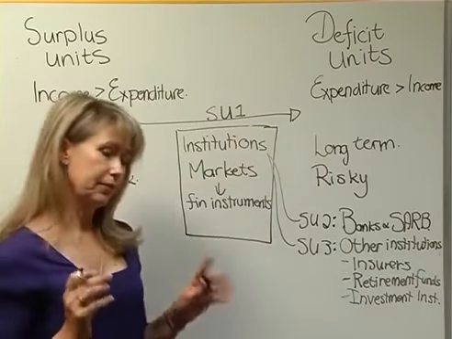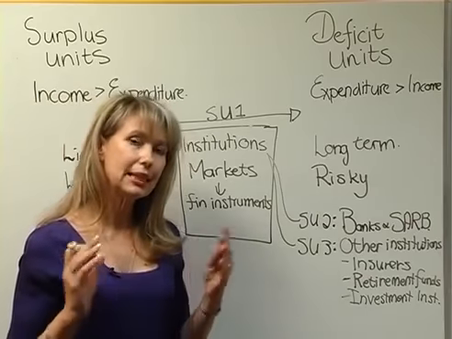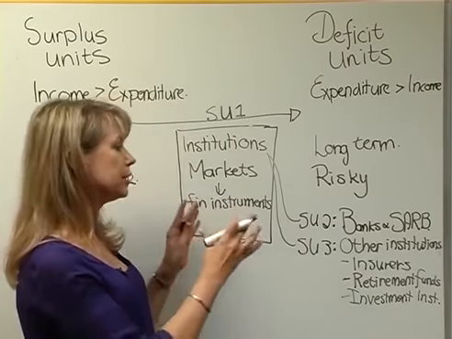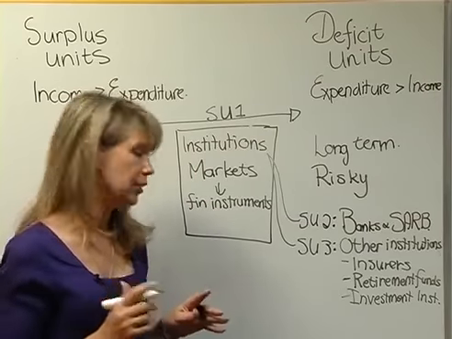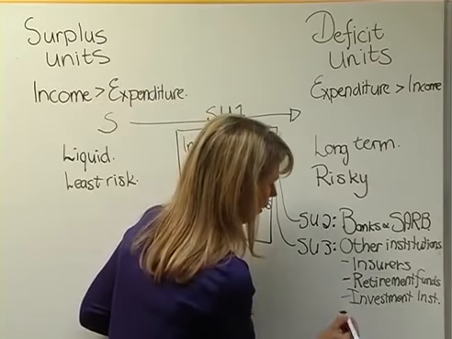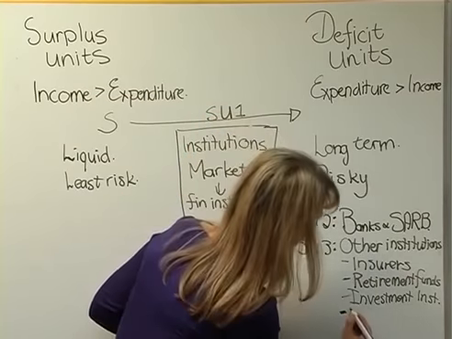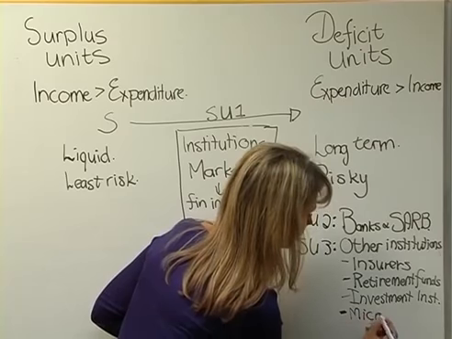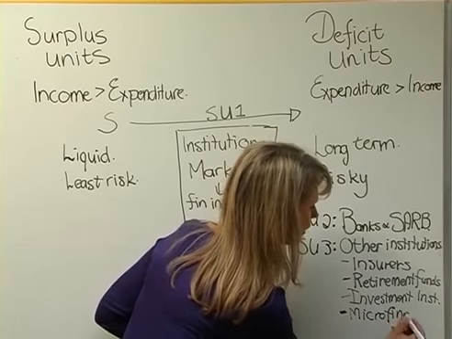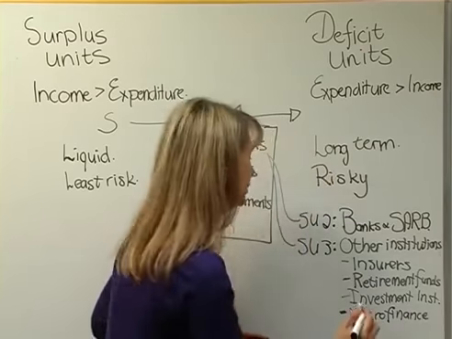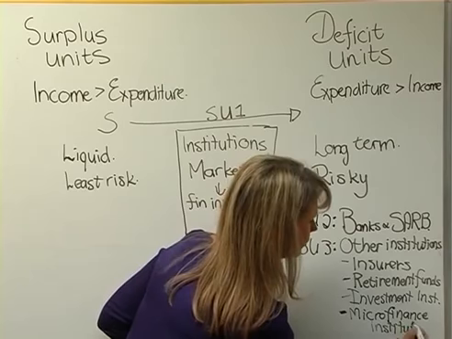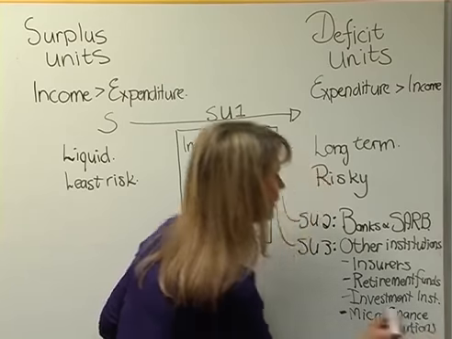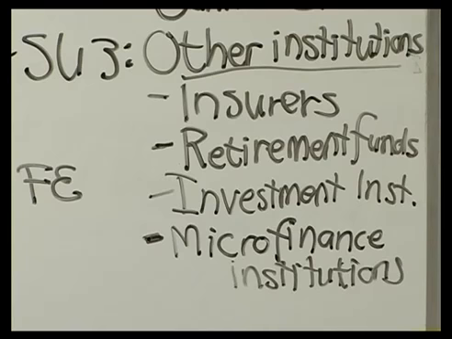Then there are some sectors of the economy that will not be served by these formal institutions, and they will be served by the microfinance institutions. These will include, for instance, stokvels and microlenders. So all of these other financial institutions are going to be covered in study unit 3.